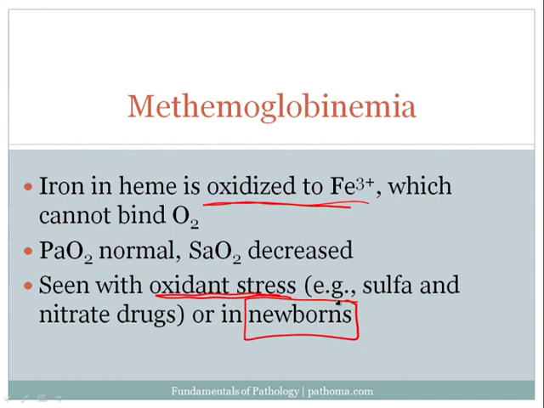And so physiologically, we have enzymes that participate in creating the mediators necessary to reduce iron back to its 2+ state. Now, newborns, their machinery to be able to do this is a little bit immature. And so newborns are particularly susceptible to the development of methemoglobinemia.